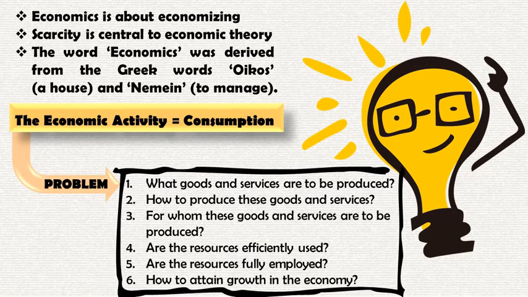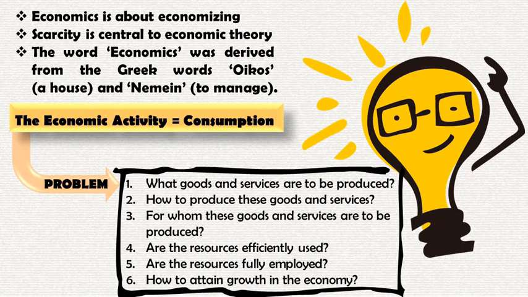So when it comes to larger perspective, punta tayo ng business. Sa business, ang aalamin niya, ano po ba yung goods and services na kailangan niyang i-produce. But before they produce those goods and services, kailangan nilang malaman kung ano po ba yung consumable na pwedeng mabenta sa market. So dito iikot yung for whom these goods and services are to be produced.